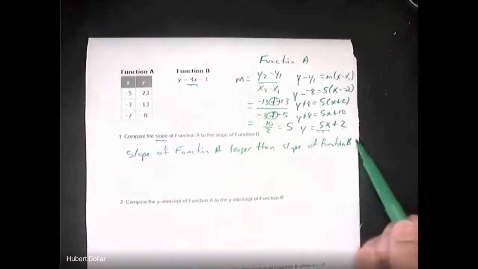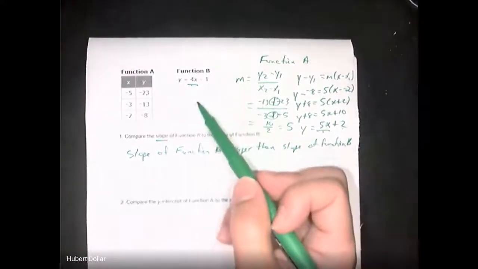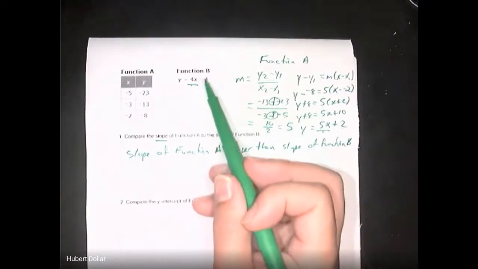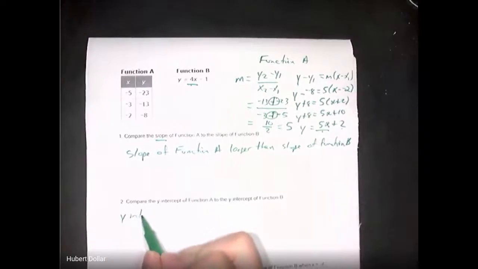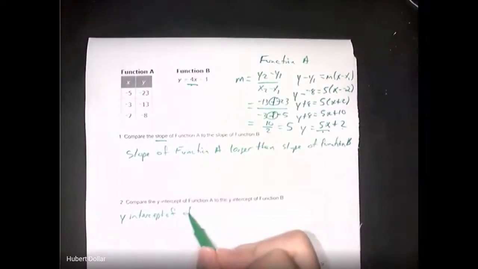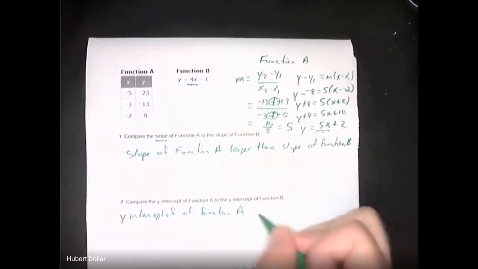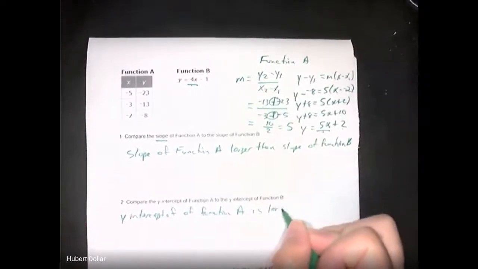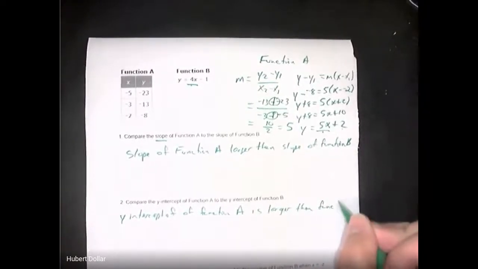Well, the y-intercept of function A is +2, and the y-intercept of function B is -1. So the y-intercept of function A is larger than function B.